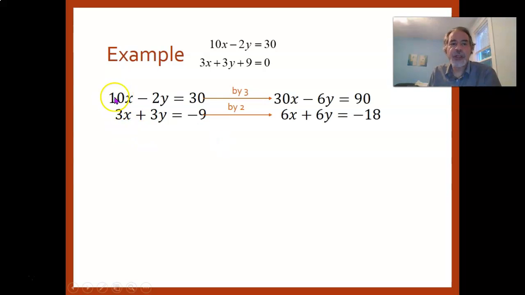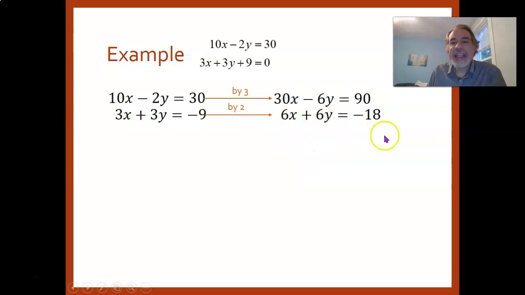The top equation turns into 30x minus 6y equals 90. And the bottom equation turns into 6x plus 6y equals -18. Now don't forget, everything on both sides has to get multiplied. You can't just multiply some things and leave other things the way they are.